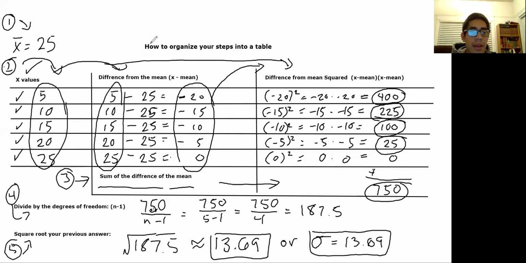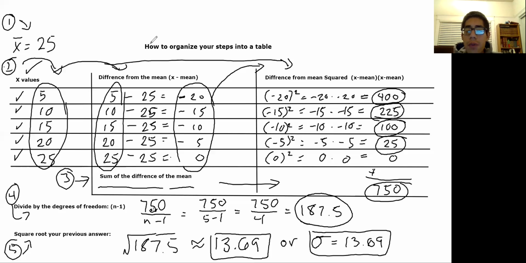So I replaced n with 5, and I subtracted the 1. Where does the 1 come from? It's kind of just part of the formula. I could go into why that is, but this video would be too long. 750 divided by 4 gives us 187.5.